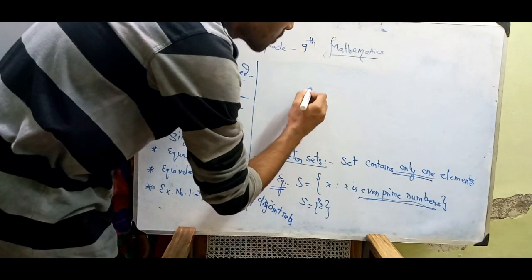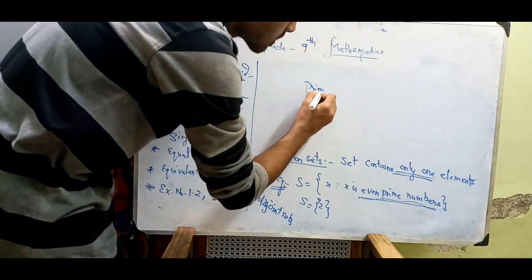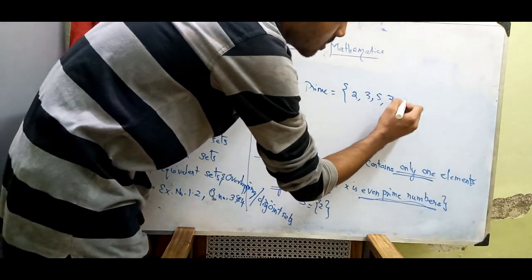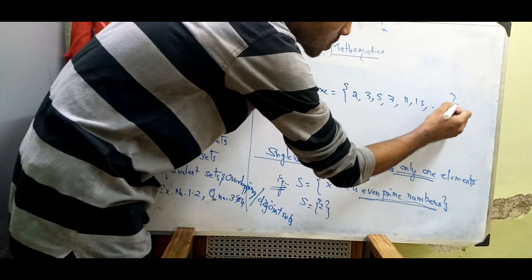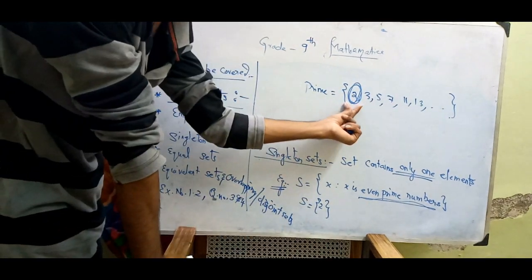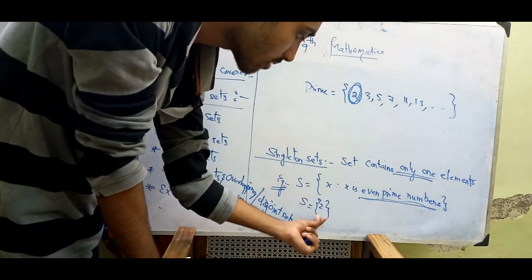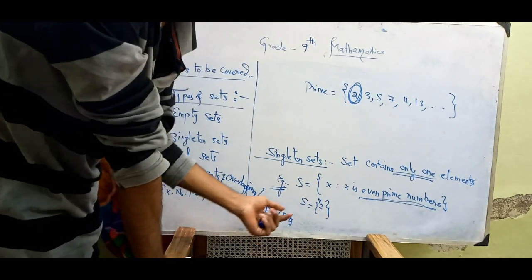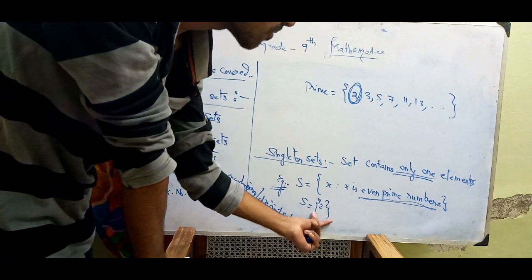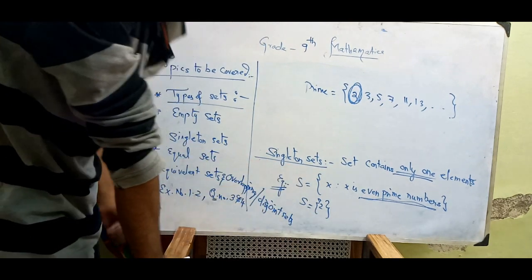The primes are 2, 3, 5, 7, 11, 13 and so on. 2 is the only prime number which is even, so we have only 2 in the set. 2 is the element in the set. This type we call a singleton set.